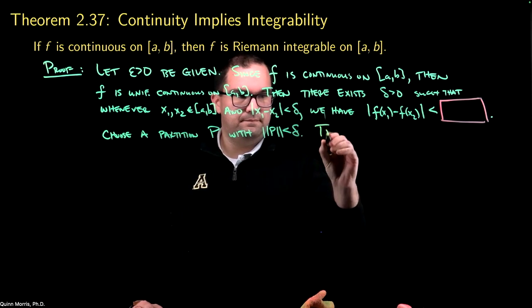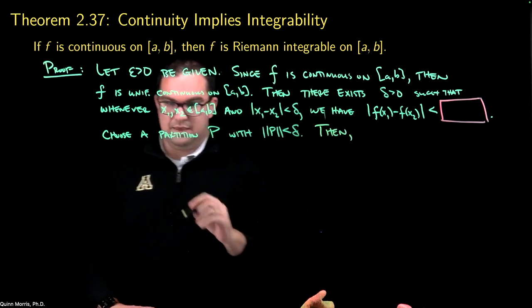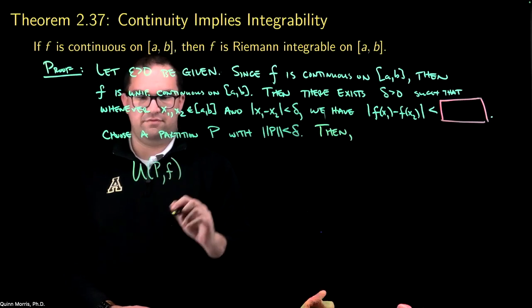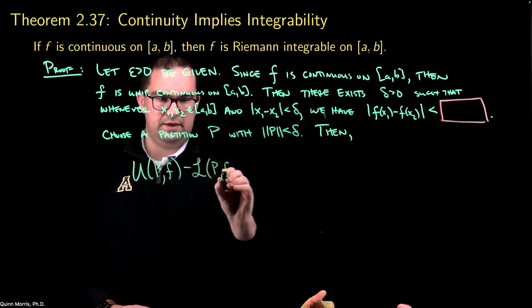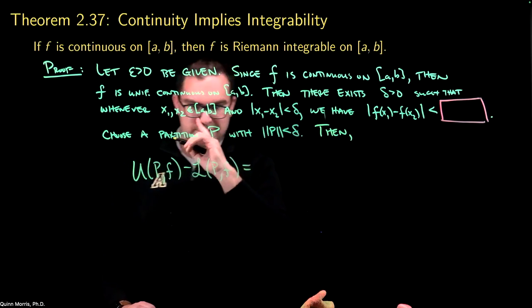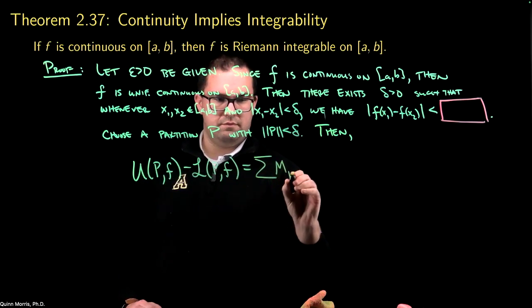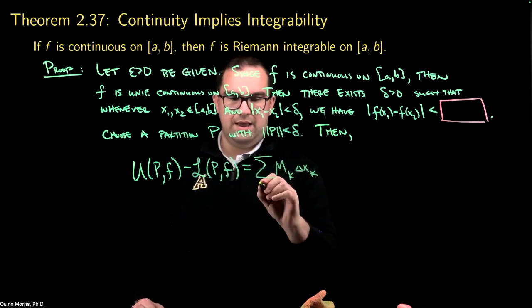If we do that, let's see, then what do we get? Then if I look at the difference between the upper sum of f over p and the lower sum of f over p. Okay, what is that? Well, the upper sum of f over p will be that.